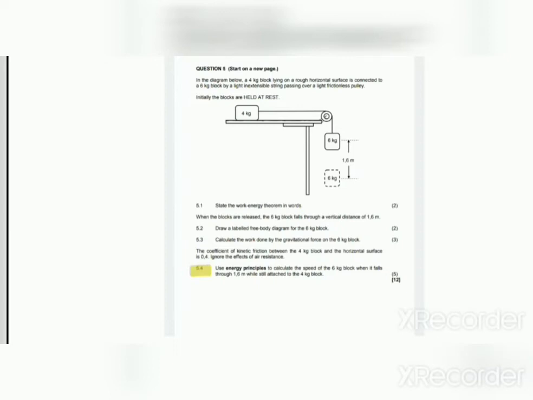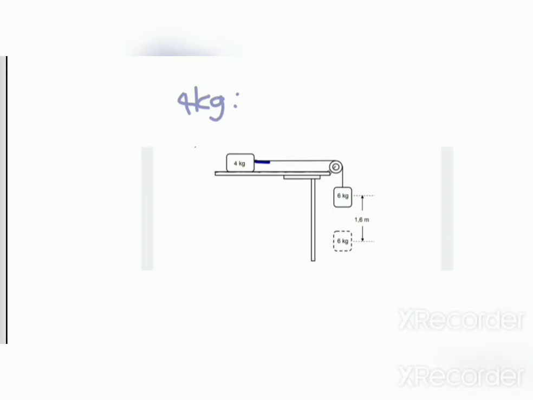For the 4 kilogram, we've got the tension in the string and we've got friction. For the 6 kilogram, we've got the weight and the tension. So we can set up our force equations and solve them simultaneously. Now, for the 4 kilogram, we've seen that we've got the tension and we've got friction.